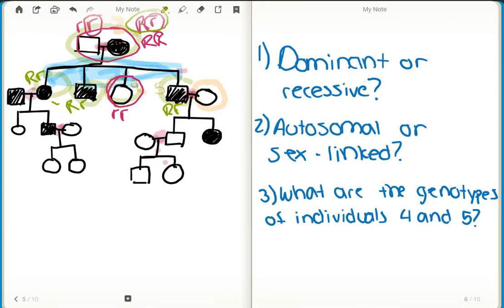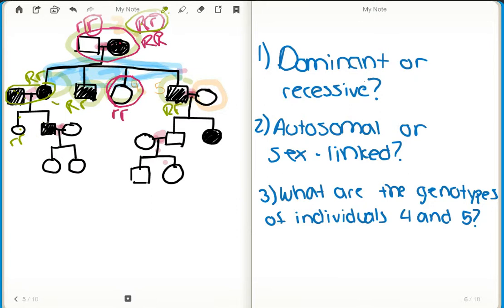Now, if two people marry, we do not know anything about this individual because their parents are not on the pedigree. But we do know that they have a phenotypically recessive child that has to be little r.